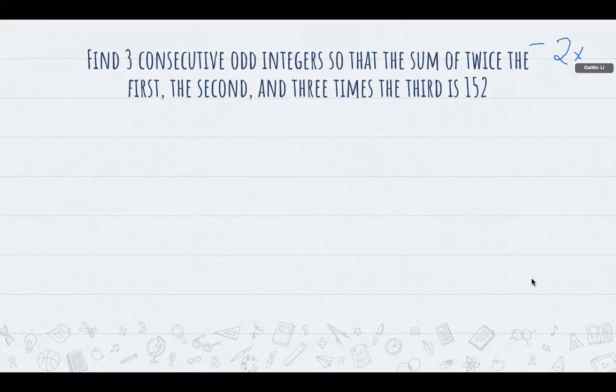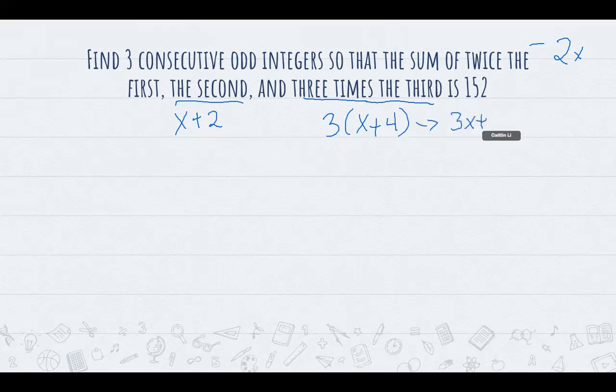And then the second just stays the same, x plus 2. And 3 times the third means 3 times x plus 4 on the inside, which will give us 3x plus 12.